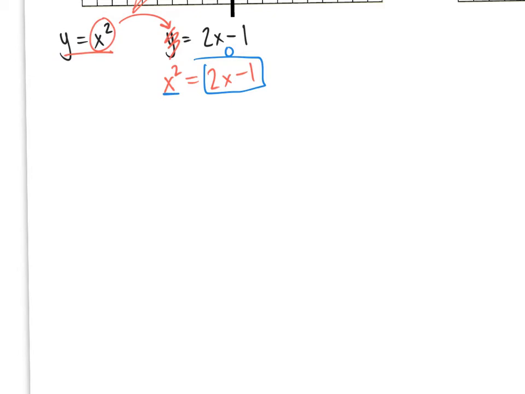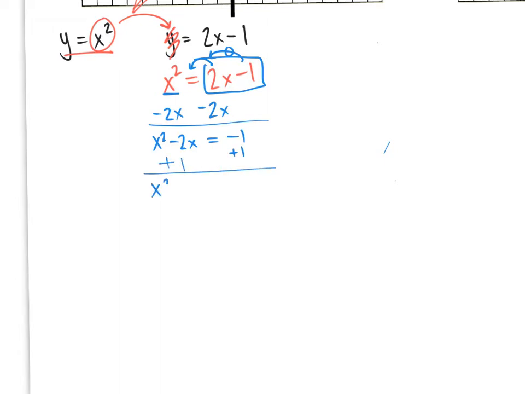I always like to keep my x squared positive. So I'm going to move the 2x over and the 1 over. In other words, I'm going to subtract 2x from both sides, and I don't have anybody to subtract it from, so I'm just going to write it behind. And then I'm also going to add 1 to both sides. And I don't have any like terms, so I'm just going to write it behind.